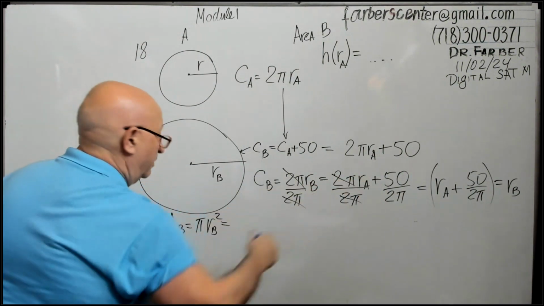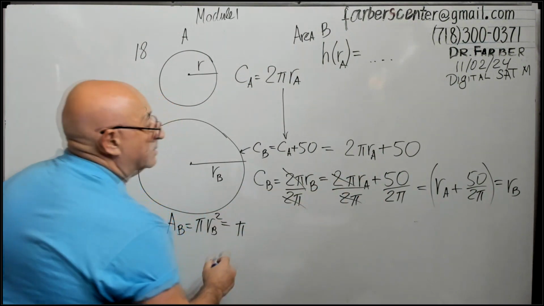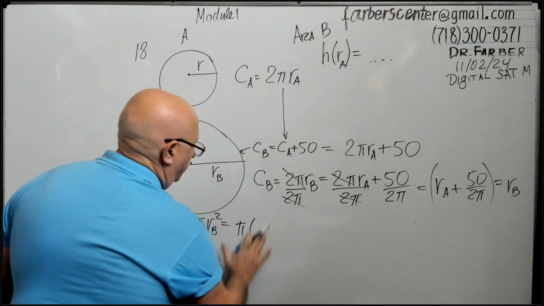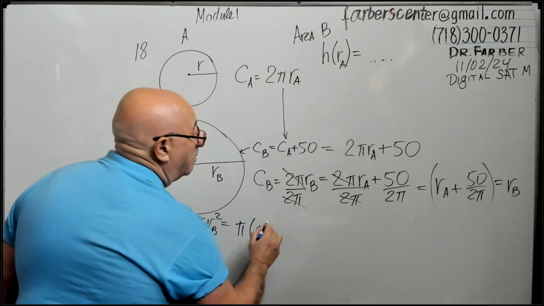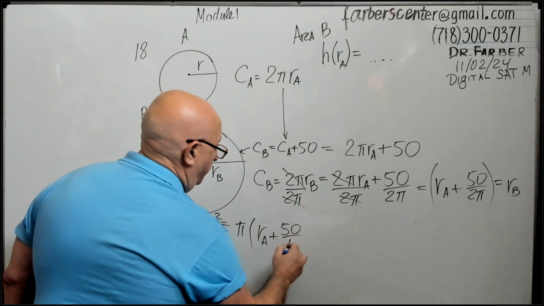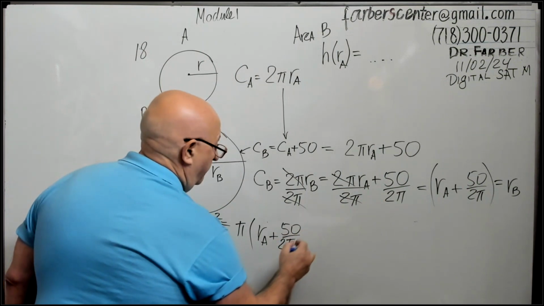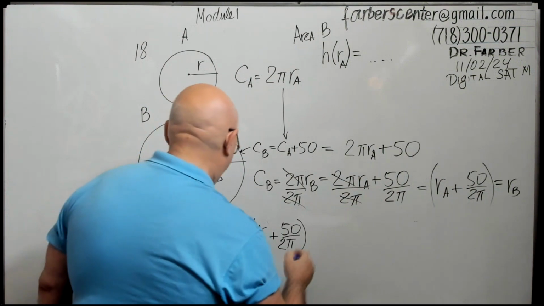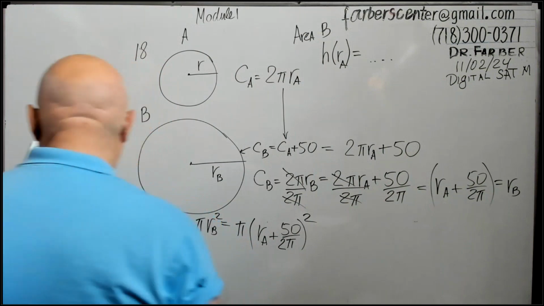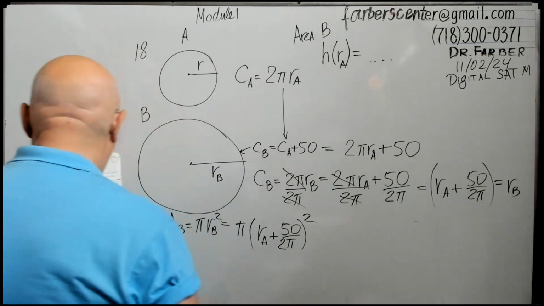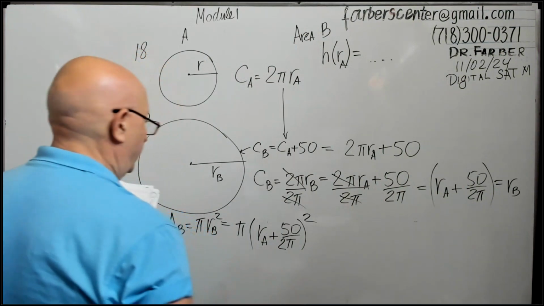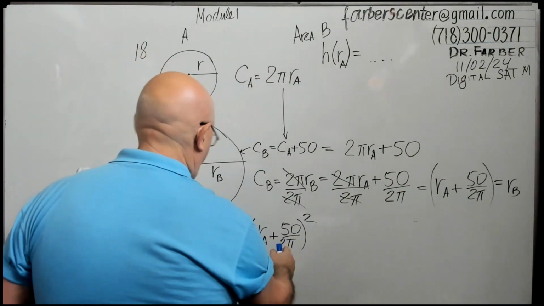But RB I found, so pi times RA plus 50 over 2 pi, to the second. They provided the format in decimals. What I did, I divided 50 by 2 pi.